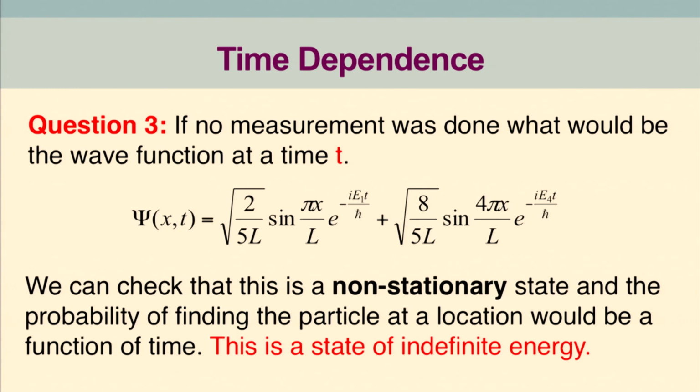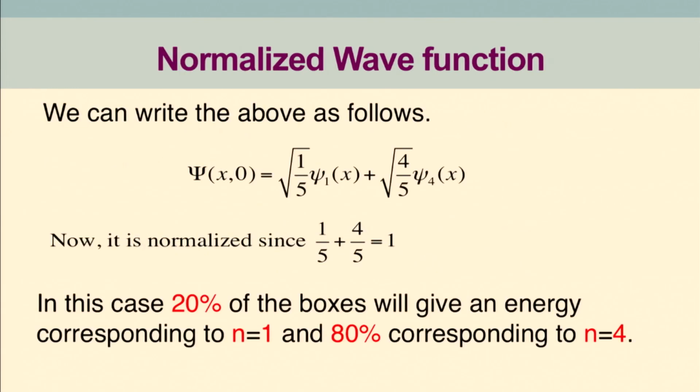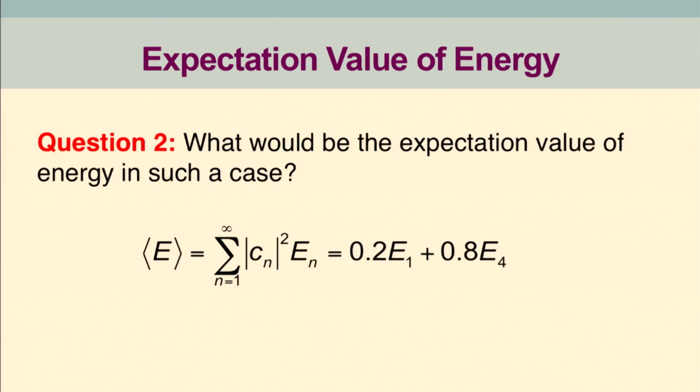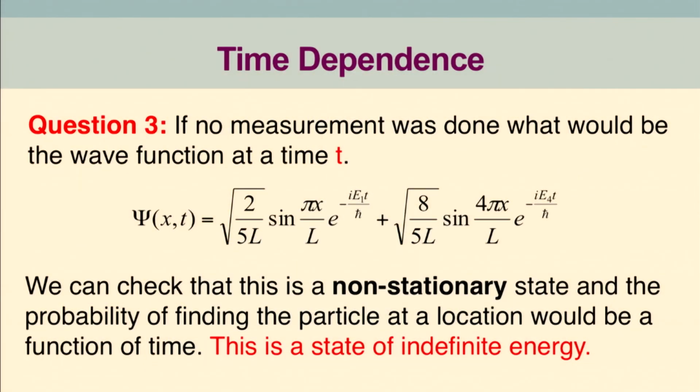We can also talk about the time dependence in these. So far we have been talking about the time independent wave functions at time t equal to 0. But what if I want to see as the time goes how these wave functions evolve? We can write a time dependent wave function which I have written here, psi(x,t) is equal to this. It's just that in both these terms I will have to include an exponential minus i E_n t by h cross term.